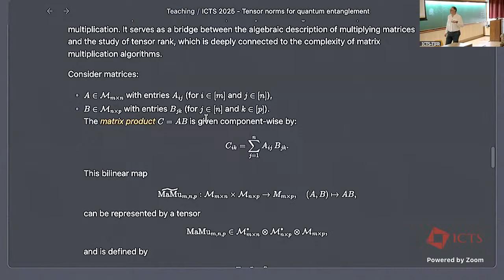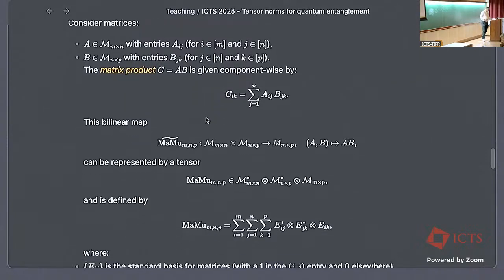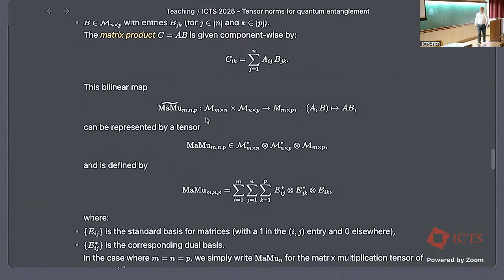Because it eats an A, a B, and it spits out a C. So to this map here, which is given in coordinates by the formula you all know, I will associate this tensor, the MaMu tensor, which lives in this tensor product space. So again, what does it do? It's this formula.